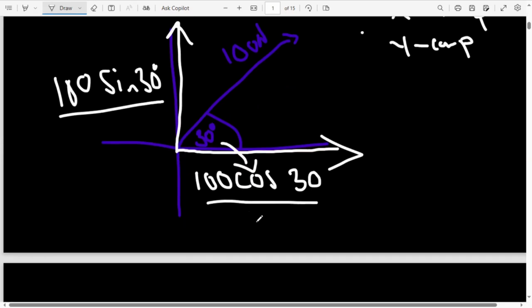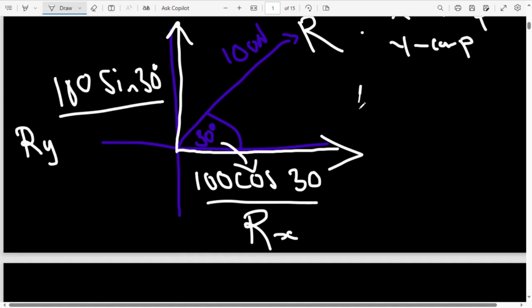This x component is usually represented by Rx, and this one here is usually represented by Ry. If we want to find the direction of this resultant vector, R is this guy here, you have to use this formula.